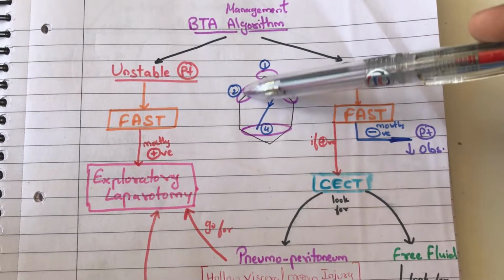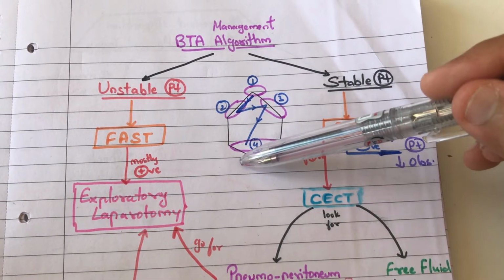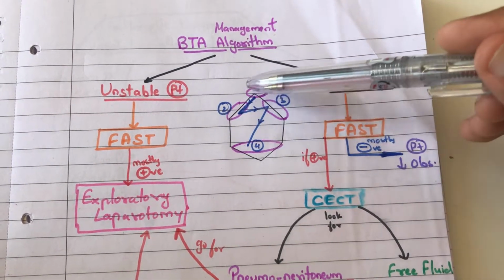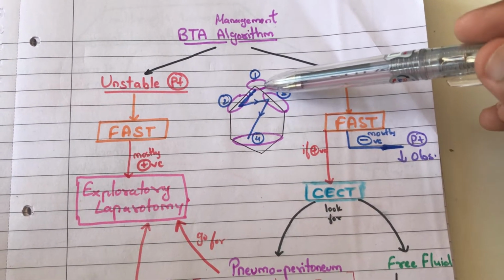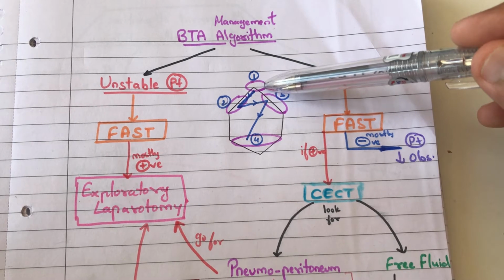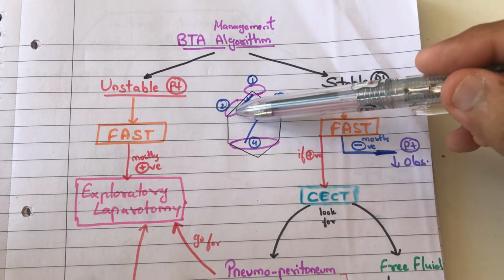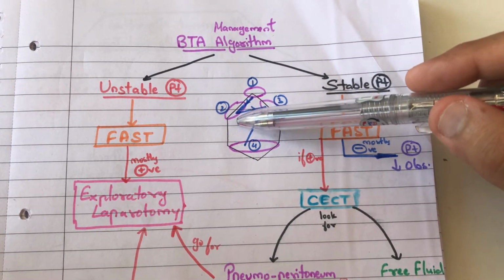I made this small diagram of a hexagon of a tummy, and you can see I have made a Z here, giving them bullets of 1, 2, 3 and 4. They have to follow this order. One is having a look at the pericardial space for any accumulation of blood in the pericardium, and second is the Morrison pouch. We are looking at the hepatorenal space for any accumulation of blood or fluid there.